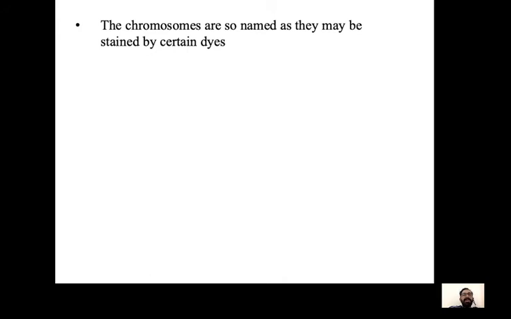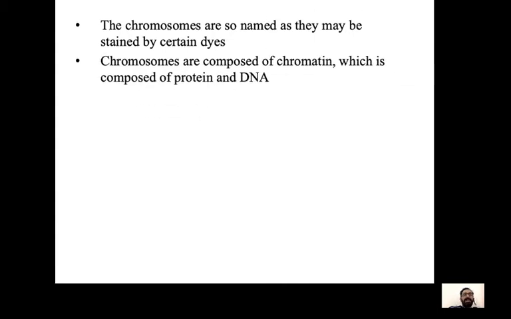As I just mentioned in the previous slide, the chromosomes are colored bodies, so they should be stained with the help of certain dyes. They have chromatin, which I have previously shown you, and that is composed of protein and DNA, and its position could be in the center or somewhere away from the center.